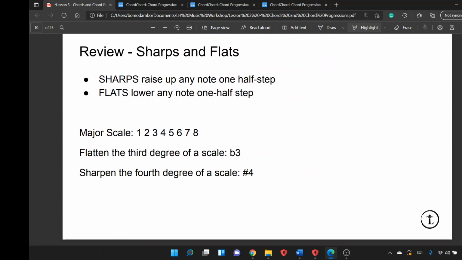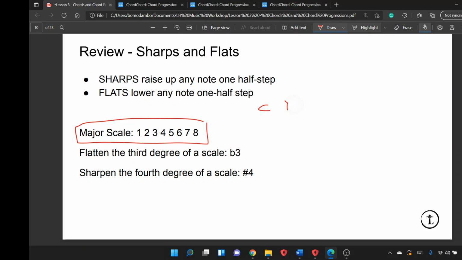Now let's talk about sharps and flats. We know that sharps raise up any note by 1/2 step, and flats lower any note by 1/2 step. And let's say we are given a major scale. Okay, so a major scale has this formula. These are the number of notes in a major scale.